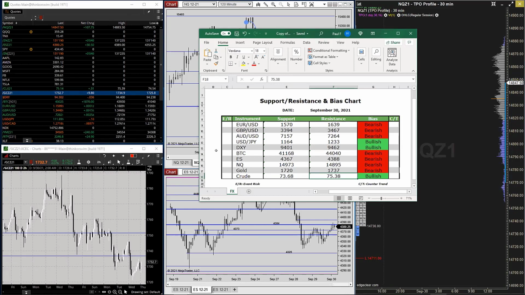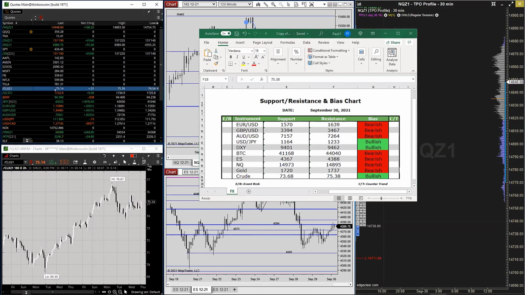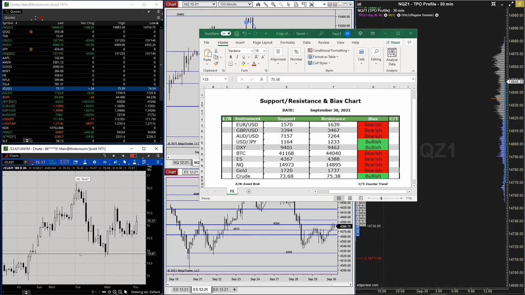And then take a look at where we are with crude. So a pretty good little dip after things started to slide down. So resistance, I'm going to go right there with that body on the 2-hour. 75.66.